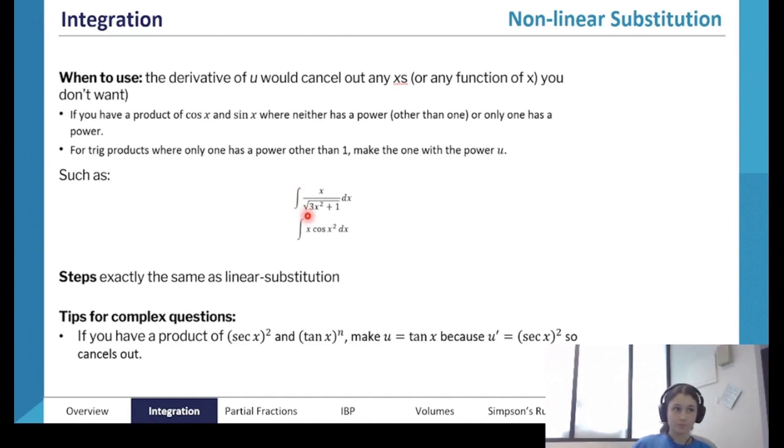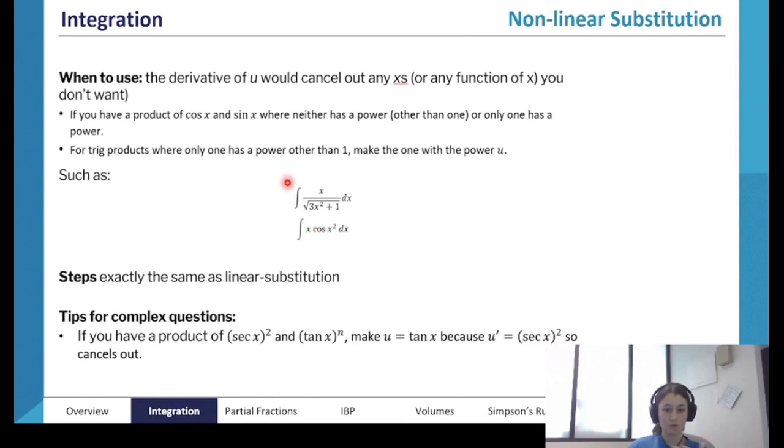What nonlinear substitution is about is mostly just recognizing patterns and understanding derivatives. You need to be able to look at an integral and recognize that there are two separate functions. Here we have the root of 3x squared plus 1 and the x, the two separate functions, and in this example we have one function being x and one function being cos x squared.